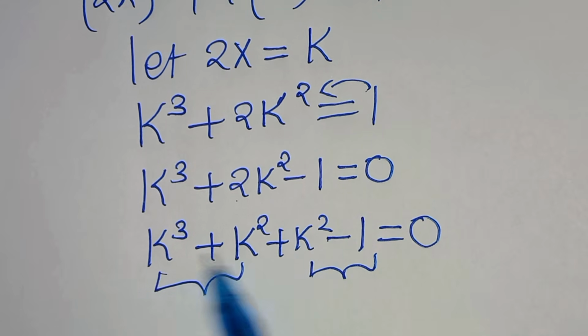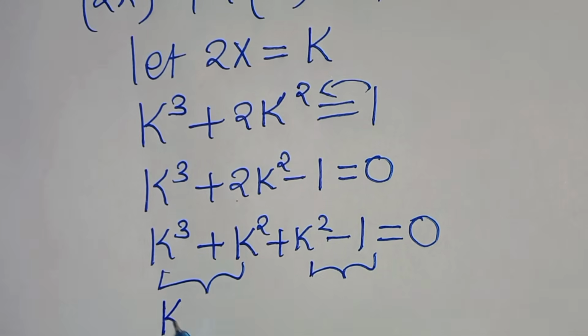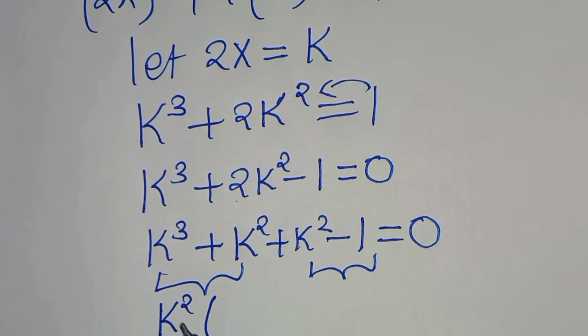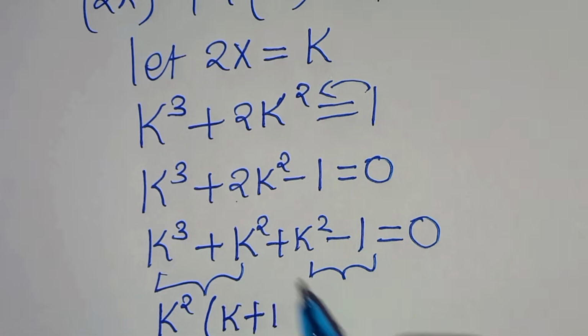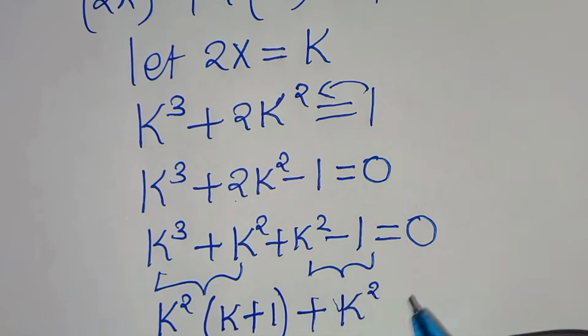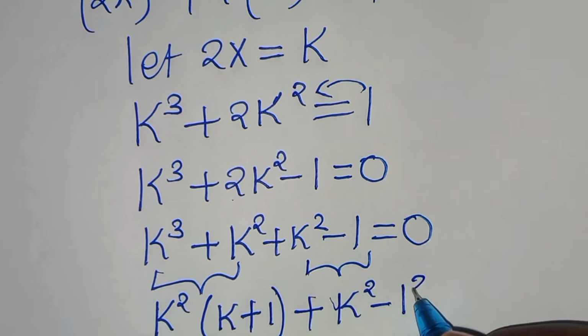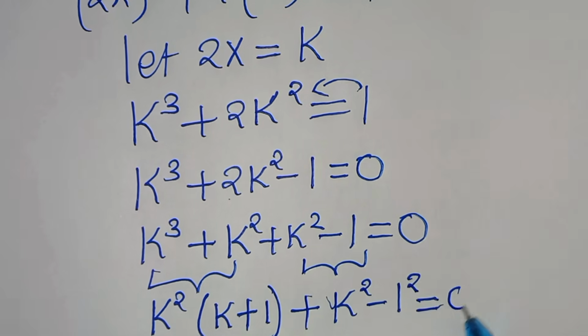We have that k squared is common, so we can factor out k squared into the parentheses. This is k to the power of 3 divided by k squared, which is k, plus k squared divided by k squared, which is 1. Then plus k squared minus 1 squared, equal to 0.